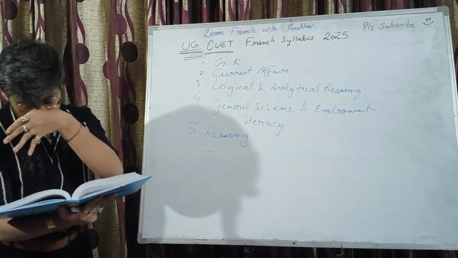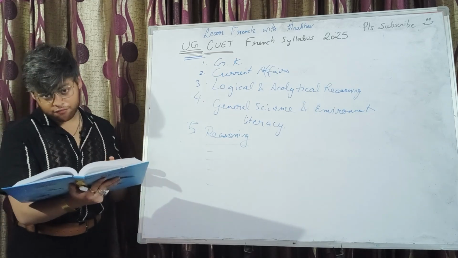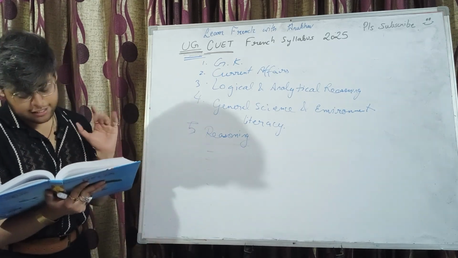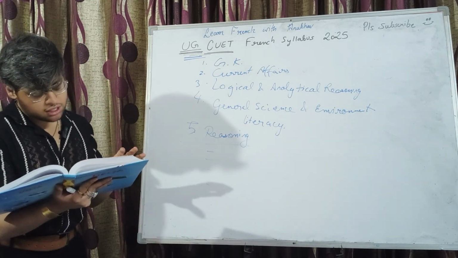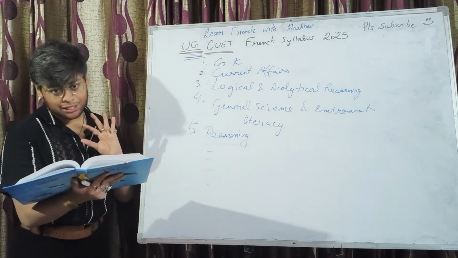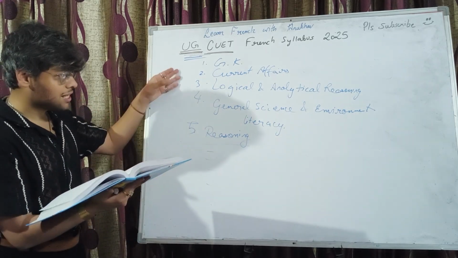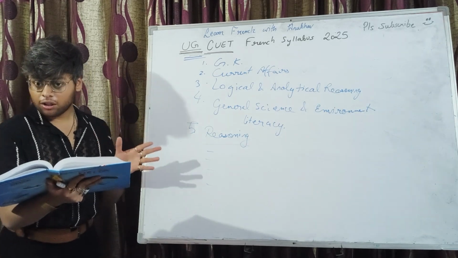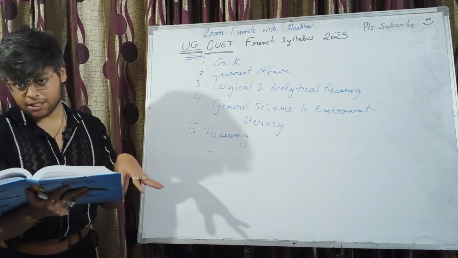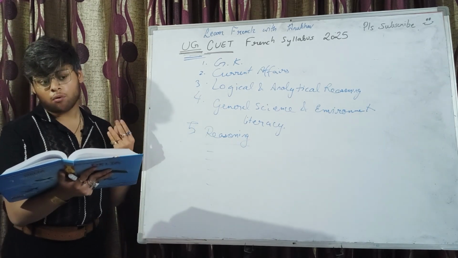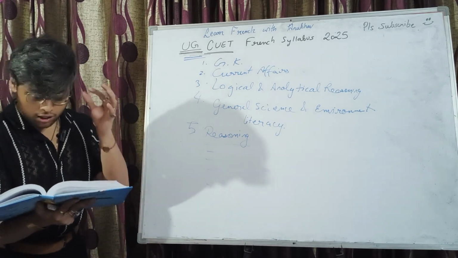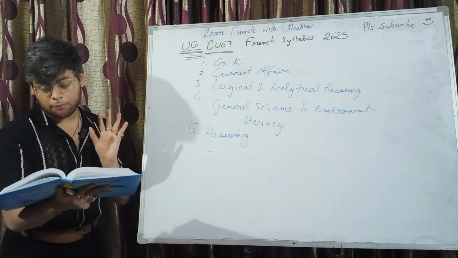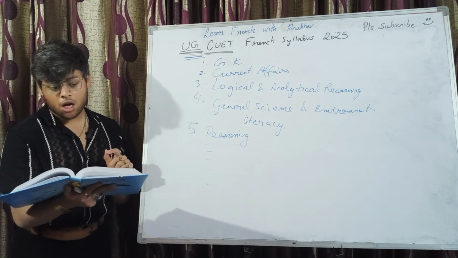And as I said, there are 37 papers in total, and you can choose 5 at maximum. For 20 languages, admissions will take place based on the performance in this General Aptitude Test (GAT), and each exam among these 37 is of 250 marks. You need to attempt 50 questions each.